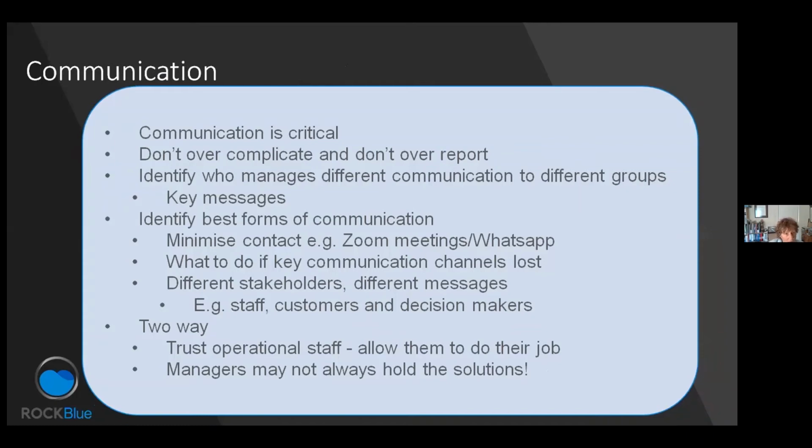So that leads on nicely to communication, which will be critical. There are all sorts of ways you can communicate, but before you do, you need to think, what are the key messages? People will have all sorts of information being thrown at them from all directions. So you need to be concise. And it may be that the other communication channels have problems.